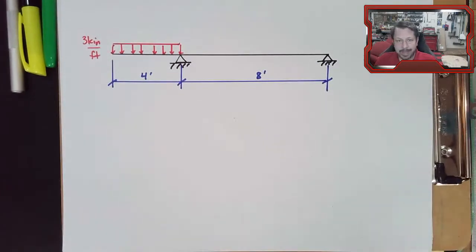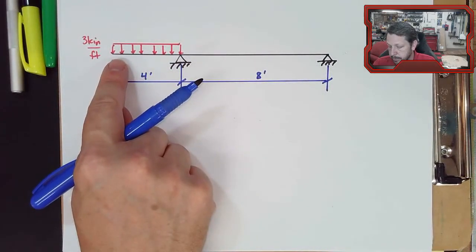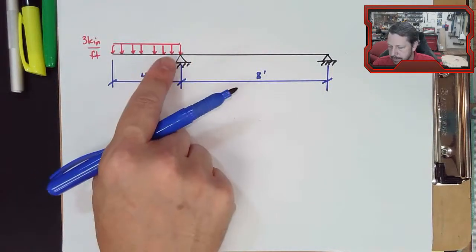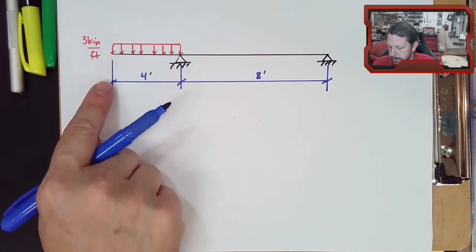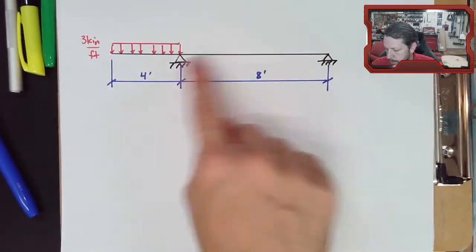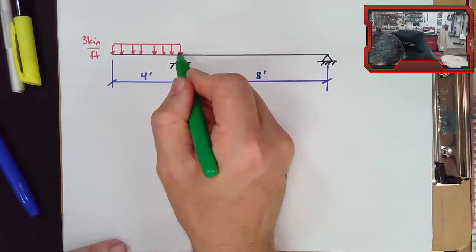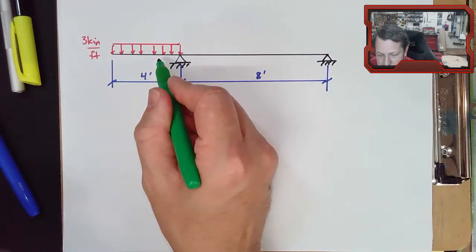And we want to find the maximum deflection in this beam, or in between the supports anyway. It could be that the distributed load actually causes this end to bend down more than the middle bends up, but we're going to say the maximum deflection between the supports.